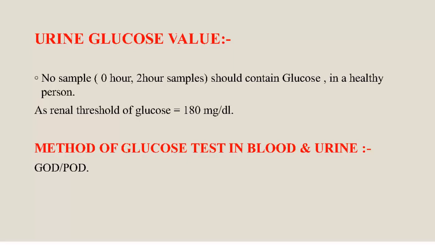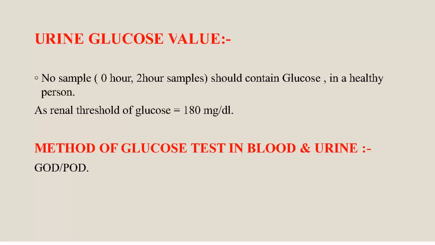Remember, no sample, that is maybe the 0 hour sample or 2 hour sample, should contain glucose in a healthy person. Why? Because the renal threshold of glucose is 180 mg per dL. After the blood value reaches 180 mg per dL, thereafter the glucose starts to rise in the urine.